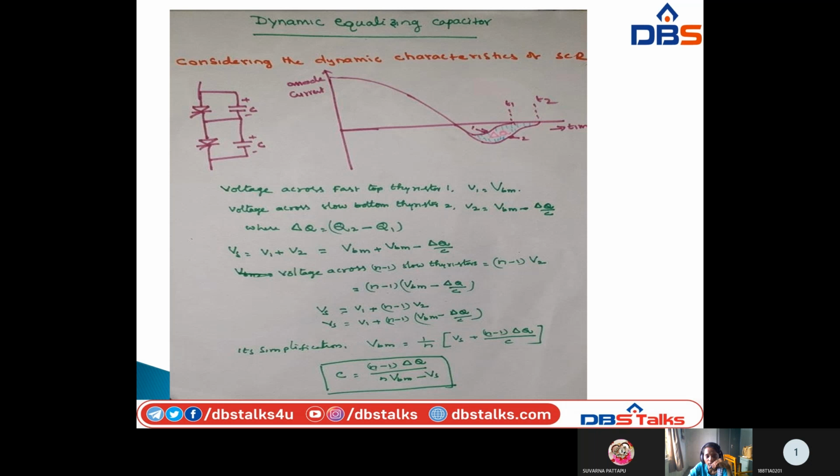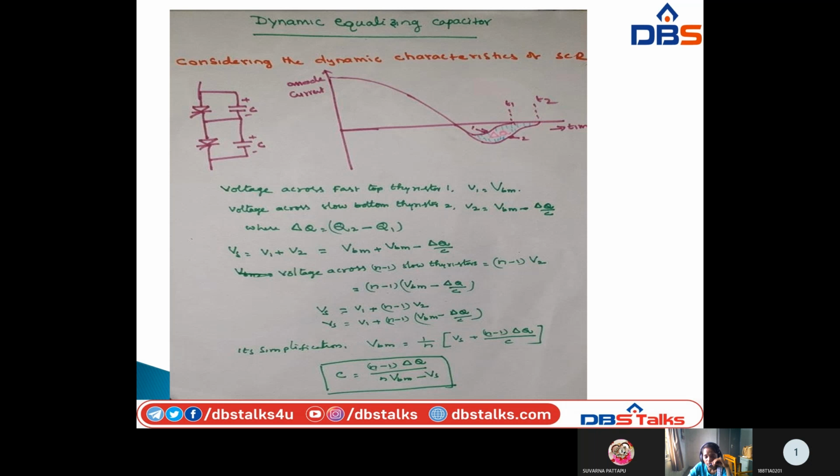The total voltage equals V1 plus V2. So V1 equals VBM and V2 equals VBM minus delta Q by C. The voltage across the N minus 1 slow thyristors equals N minus 1 into V2, meaning VBM minus delta Q by C. So the total voltage Vs equals V1 plus N minus 1 into V2.